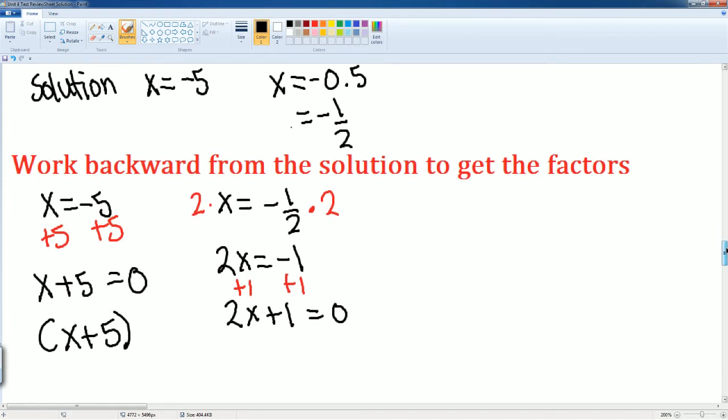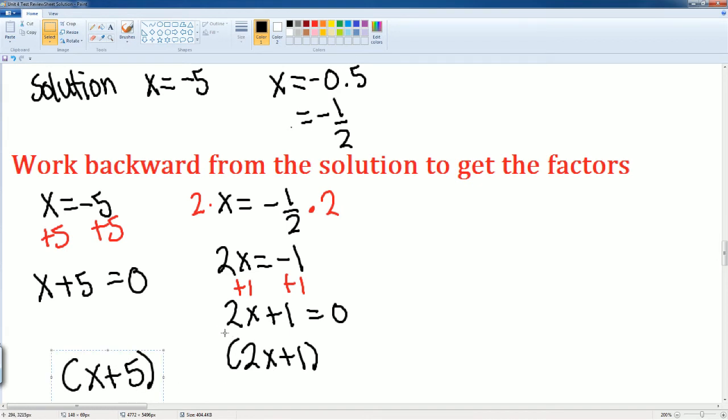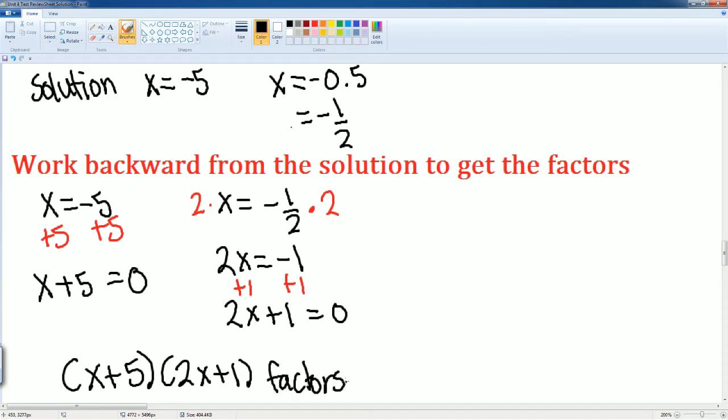In this case, my factor would be 2x plus 1. So I have my first factor, I have my second factor. Now I'm good. That's my answer. These are its factors. Perfect.